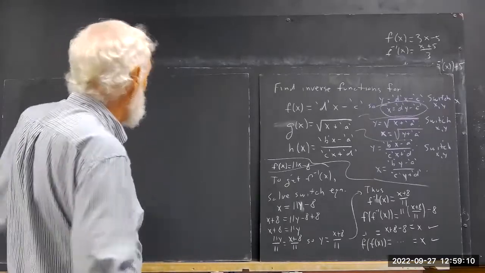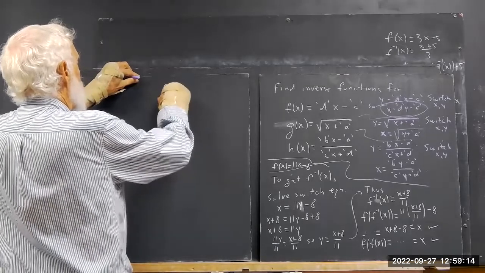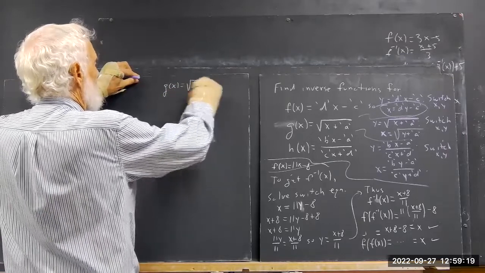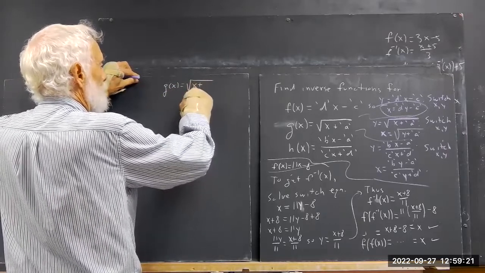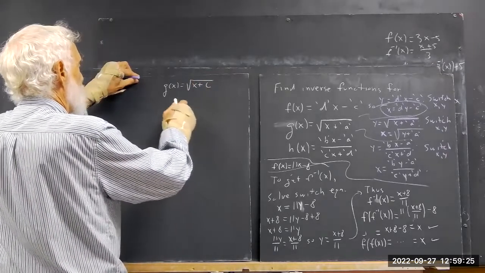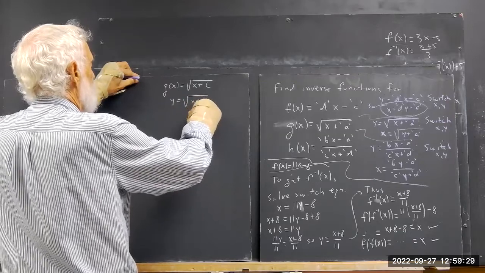Now, for g of x. Okay, well, all right, now g of x equals the square root of x plus 6, let's say. So you got y equals the square root of x plus 6.